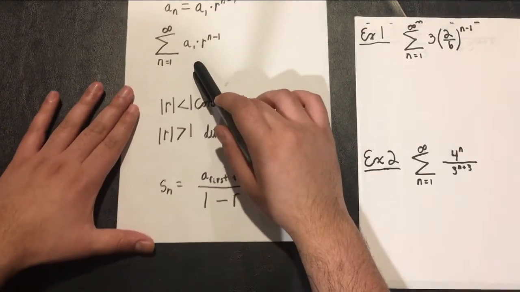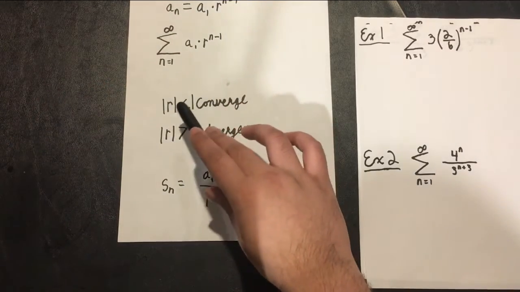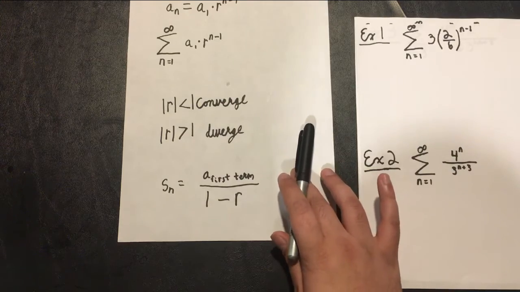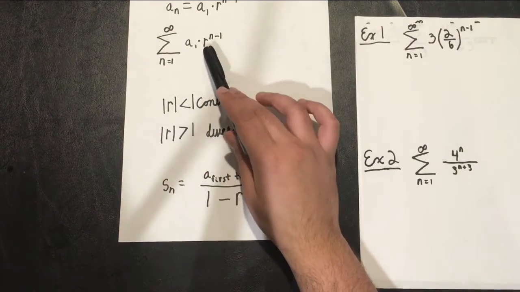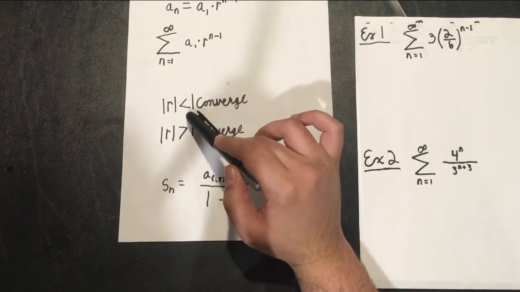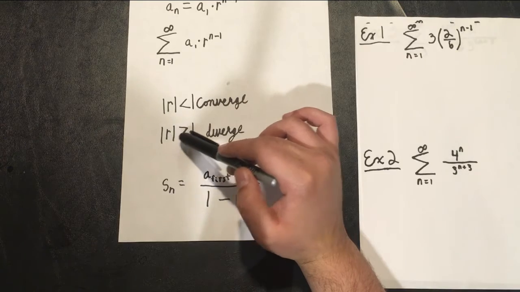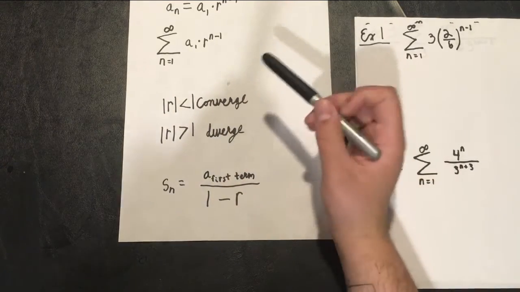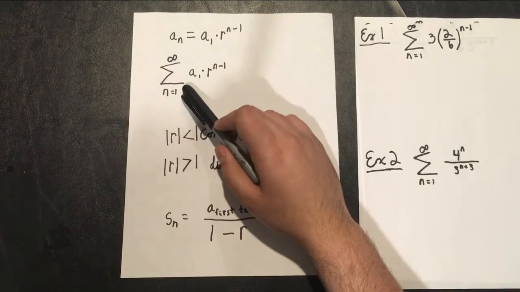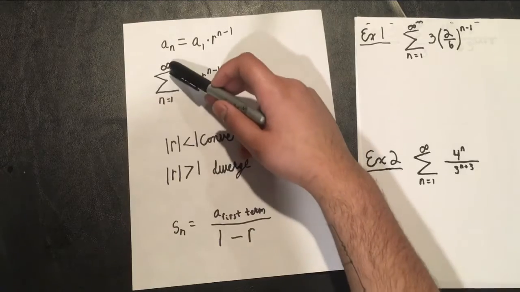This r is commonly known as the common ratio, or just the ratio, for a geometric series. If the absolute value of that ratio is less than 1, your series will converge. If the absolute value of the ratio is greater than 1, your series will diverge. And this is, obviously, for infinite series, where you start at a certain integer and go towards infinity.